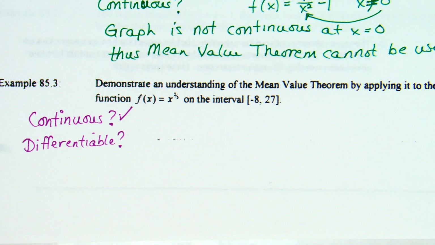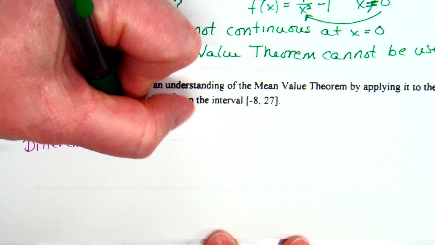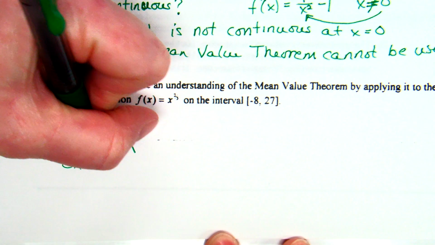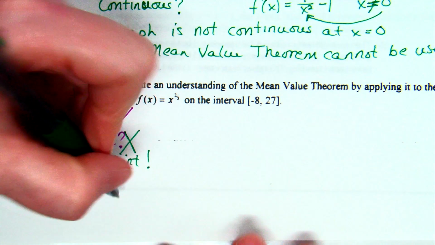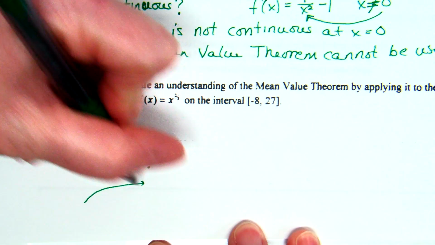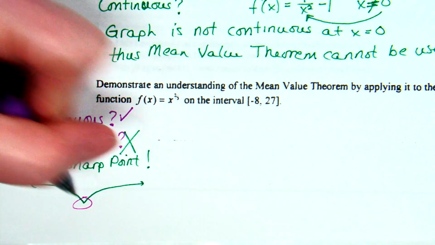Okay, so I'm going to say we found a sharp point. And again, the graph ends up being something like that. And we have a sharp point.